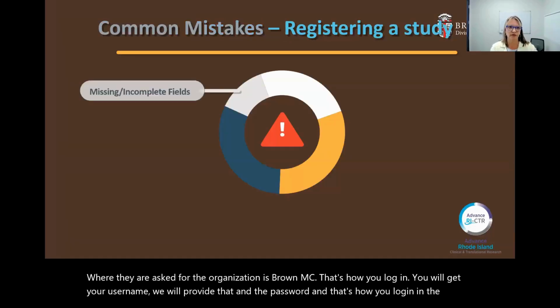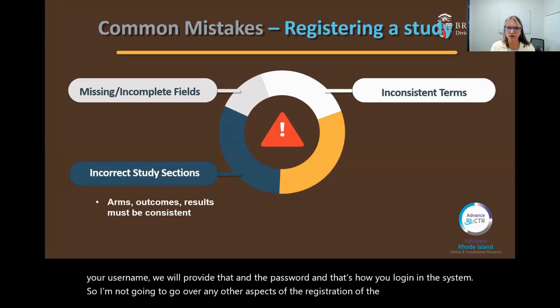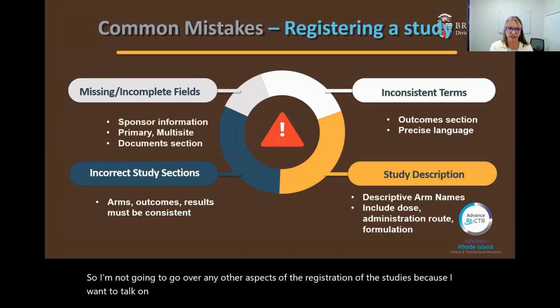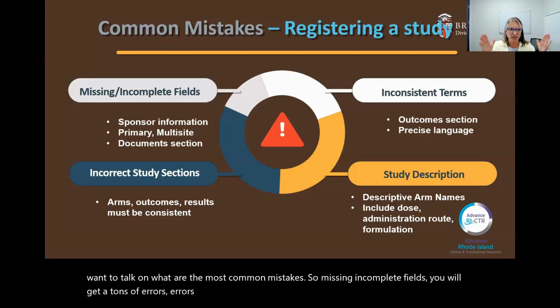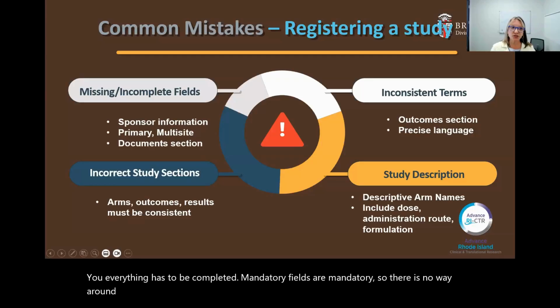So I'm not going to go over any other aspects of the registration of the studies because I want to talk about the most common mistakes. Missing or incomplete fields: you will get tons of errors. Everything has to be completed. Mandatory fields are mandatory, so there is no way around that. Sponsor information is important.